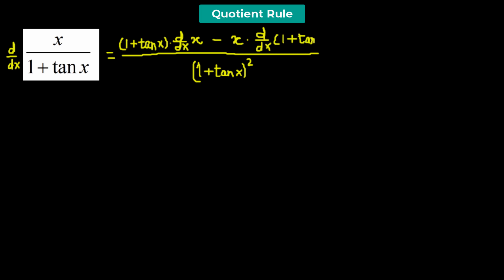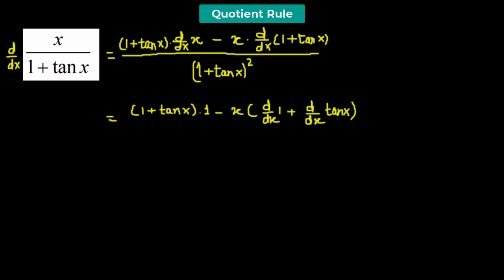plus tangent of x. So that will give us 1 plus tangent of x multiplied to derivative of x, which is 1, minus x times derivative of 1 with respect to x plus derivative of the tangent function, divided by 1 plus tangent of x whole squared.